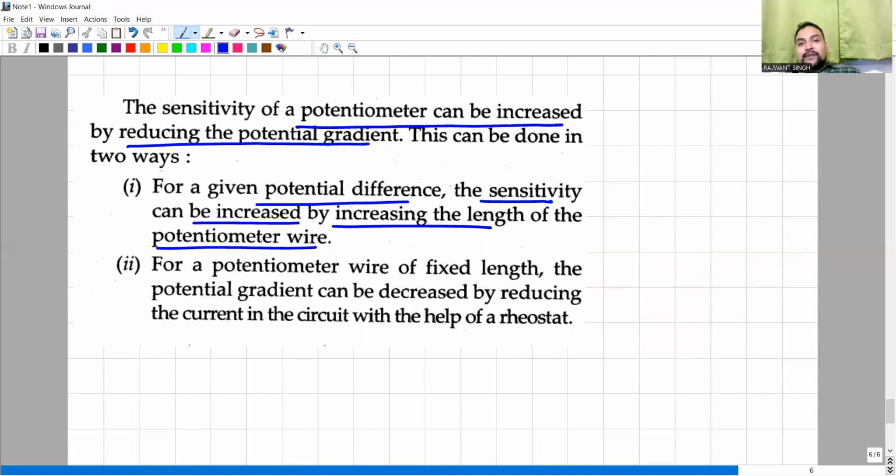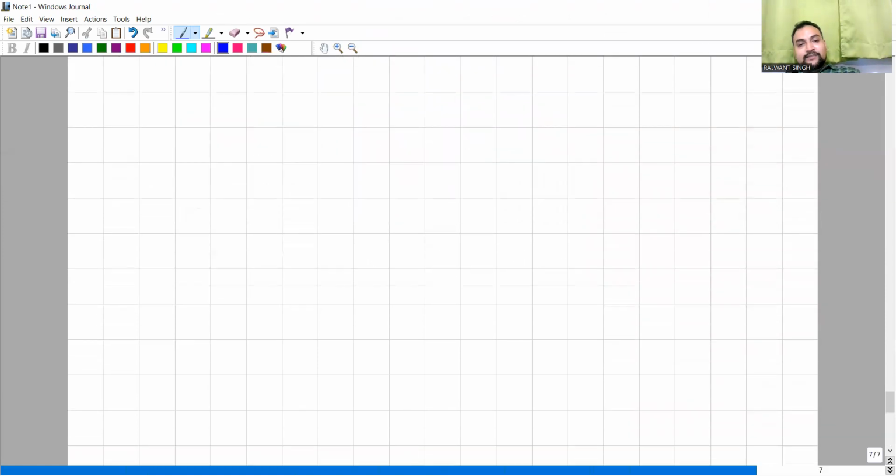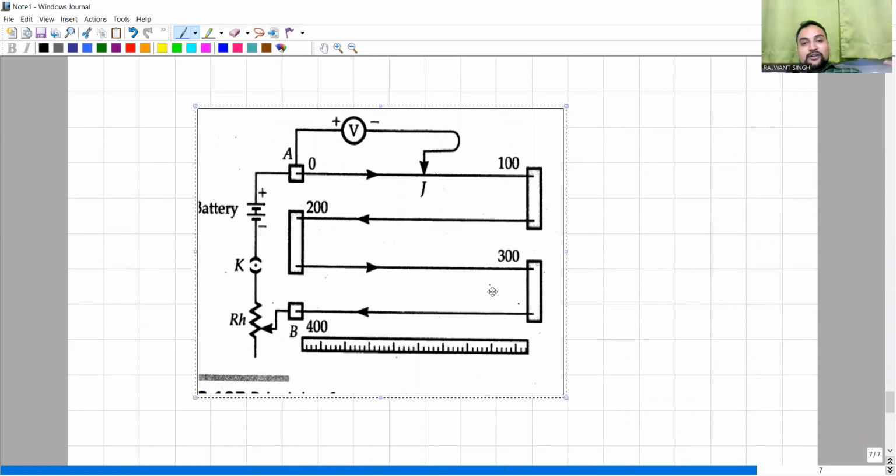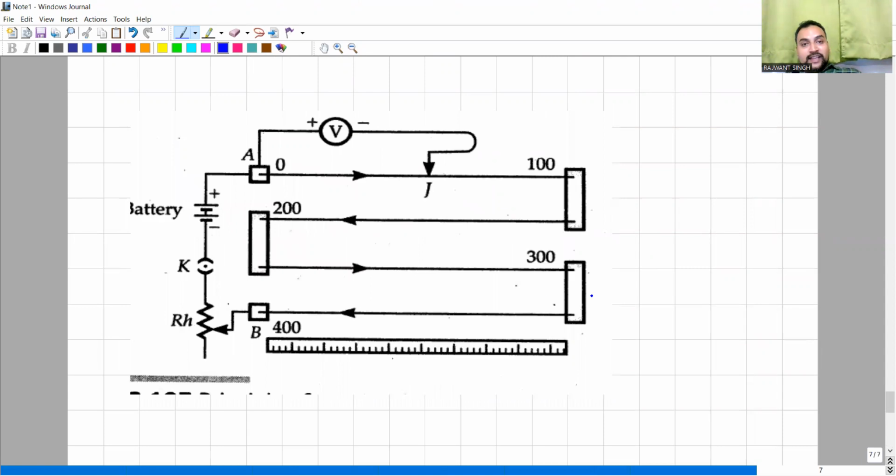So you see that diagram that I told you about, which is a bit scary. There are the 4 wires and 400 centimeter length in this diagram. What is the purpose of this diagram? Even if it is not so student friendly, the purpose is this: we have understood the whole concept using only this 100 centimeter length, but this is a very ideal, good potentiometer, so the length is large.